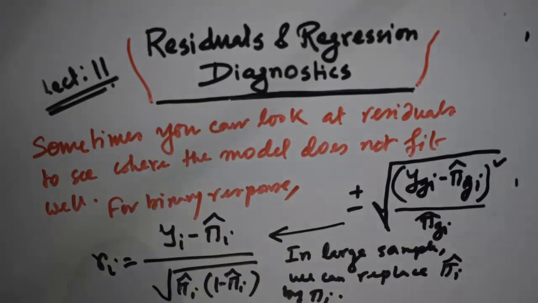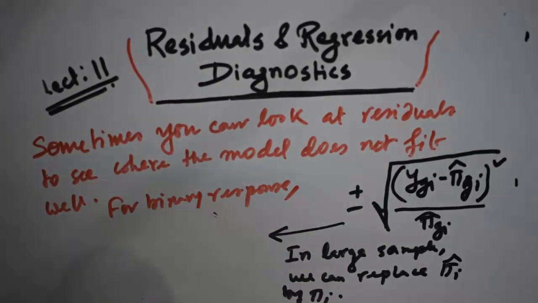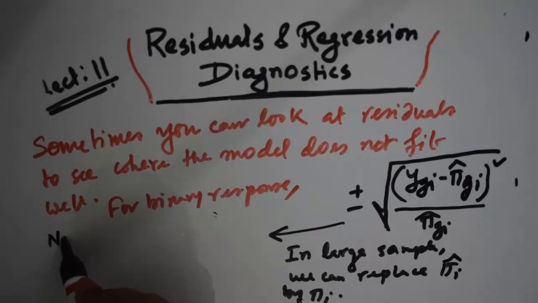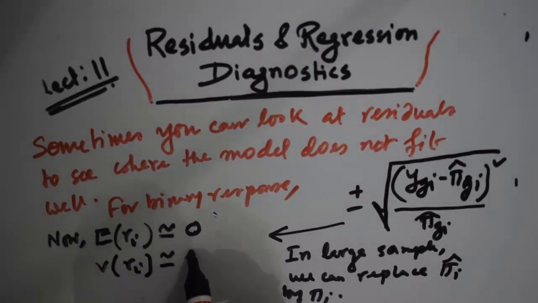Now expectation Ri approximately 0 and variance of Ri approximately 1.